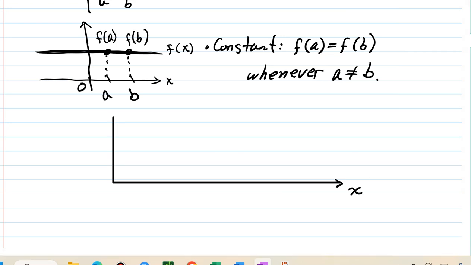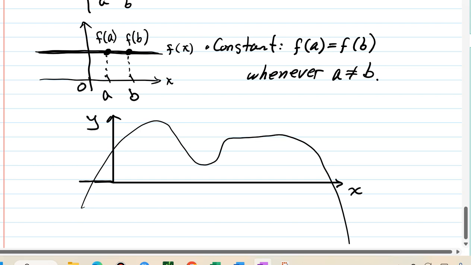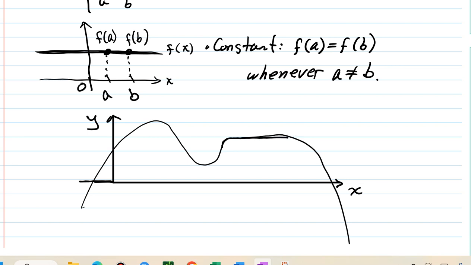I'm going to call this the x, and this is going to be my y. I'm just purely making up these numbers and the graph. So suppose my graph looks like this. Oh, I meant for this part to be flat like that.